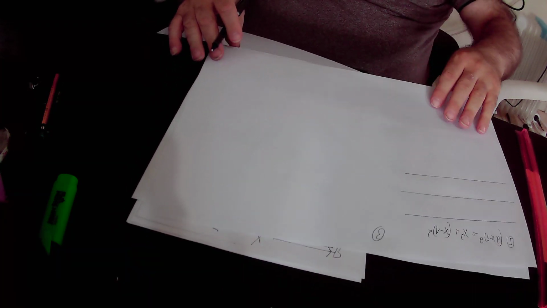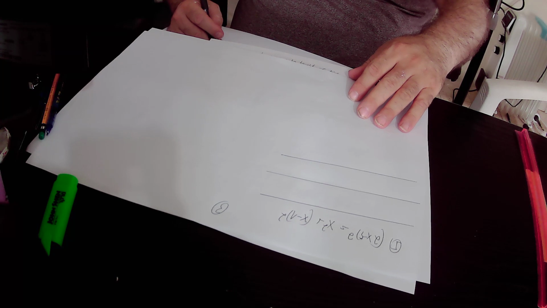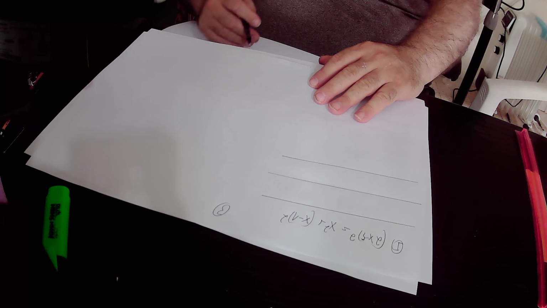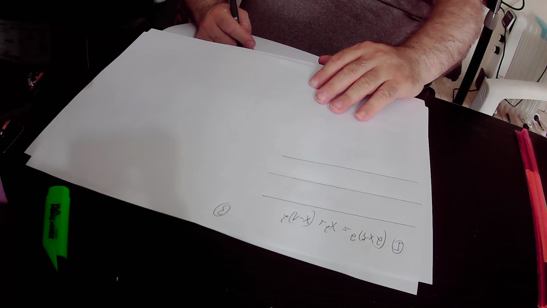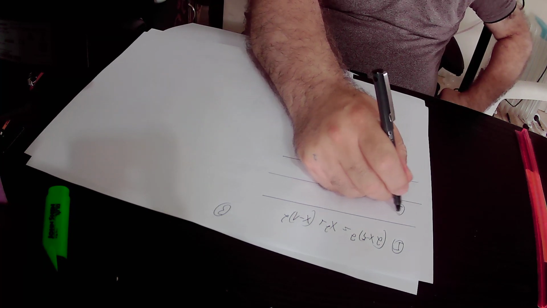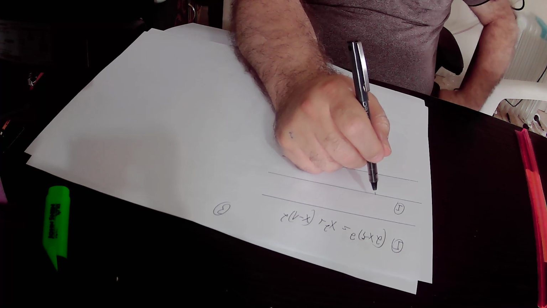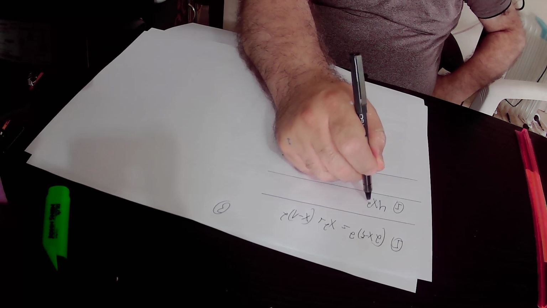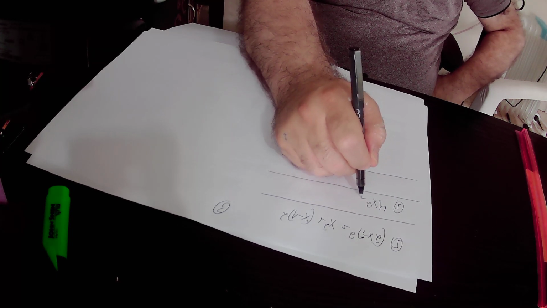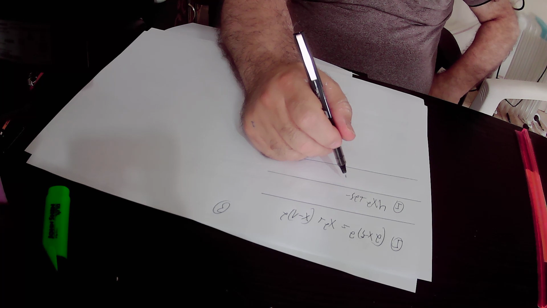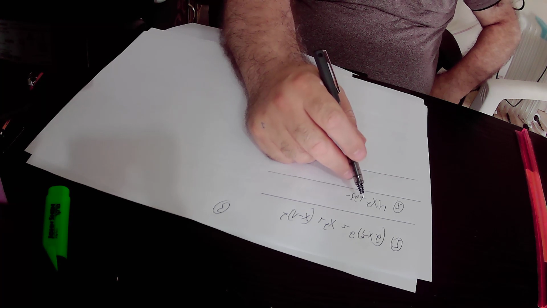Here we will open the brackets on both sides of this equation, equation number 1, according to the algebraic identity that a minus b squared equals a squared plus b squared minus 2ab. And we get here that 2x minus 5 squared will be equal to 2x squared, that is 4x squared, plus 5 squared, that is 25, minus 2 times 2x times 5.